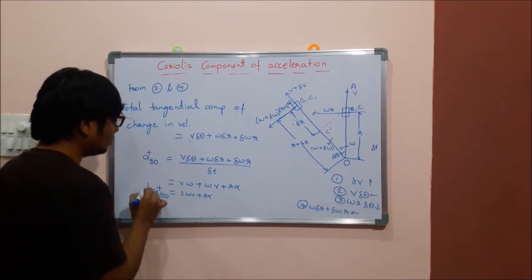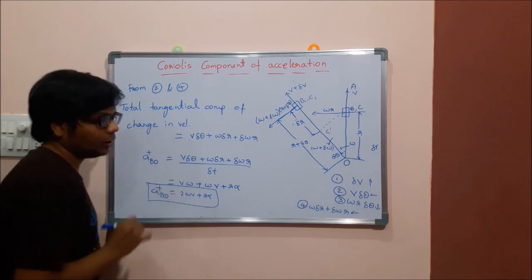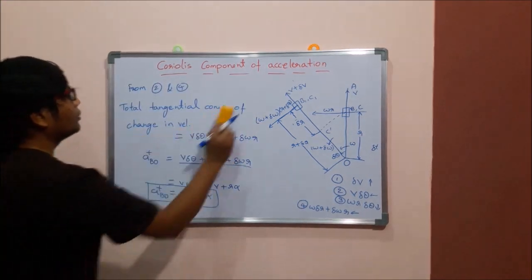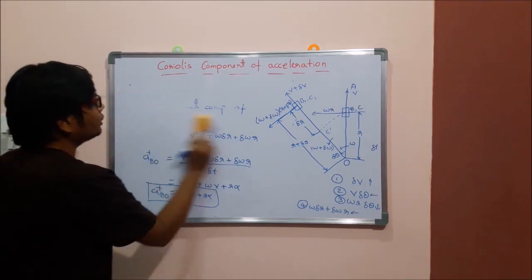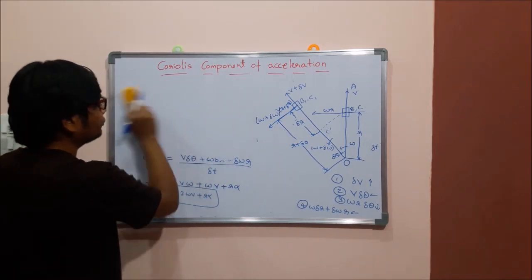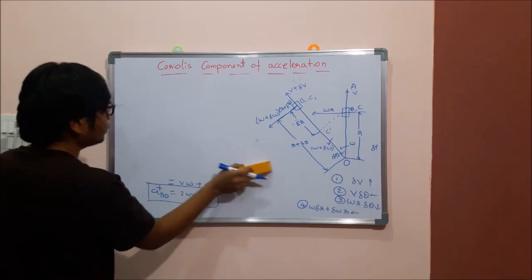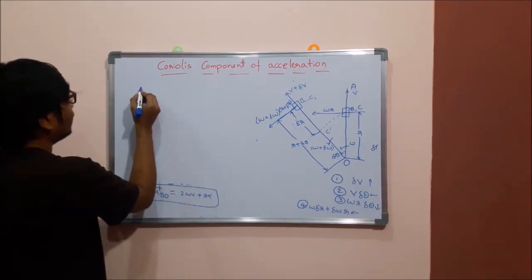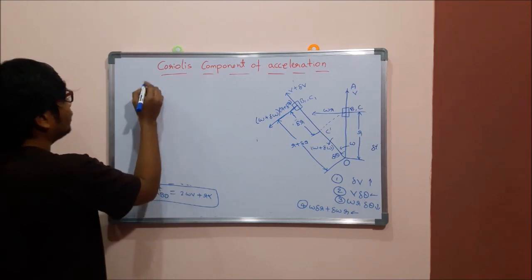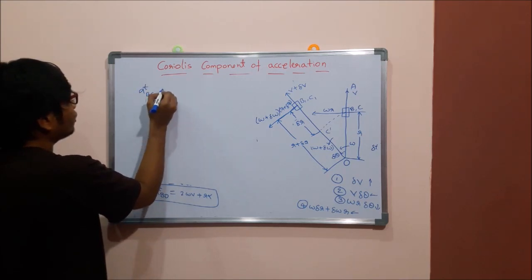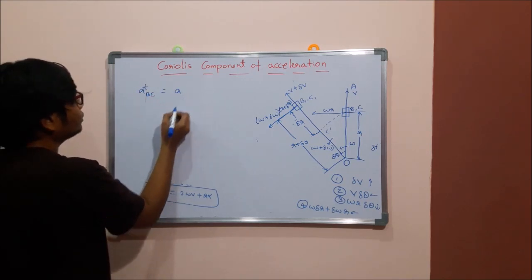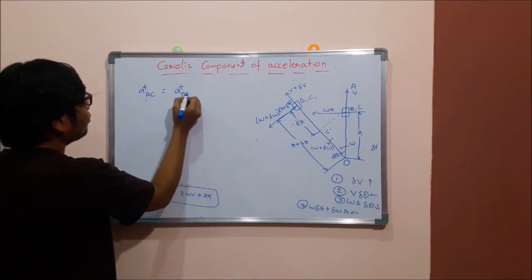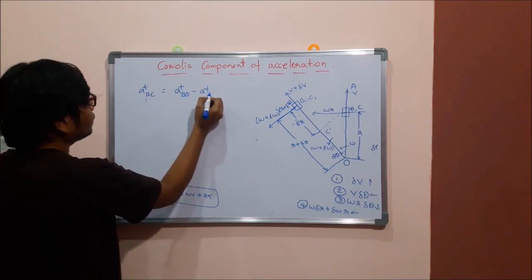So this is the equation for ATBO, and already we have written the formula for ATBC. You can go through the first equation at the start of the derivation. ATBC is ATBO minus ATCO.